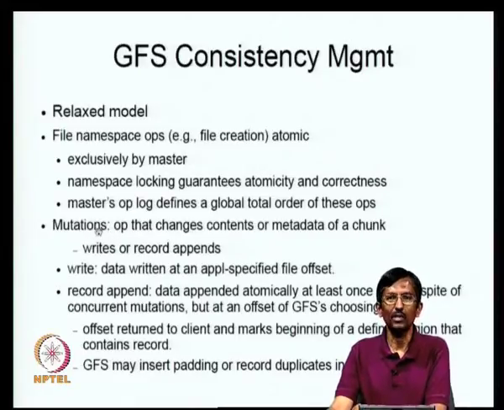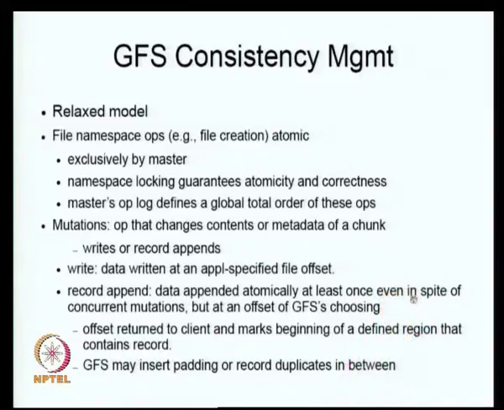and the types of mutations that we typically talk about are writes or record appends. In regular file systems, you just call everything a write, even an append is called a write, but in this particular system they have given two names, a write and a record append. A write is where the data is written at an application specified file offset, whereas a record append is appended atomically at least once, even in spite of concurrent mutations, but at an offset of the file system's choosing.